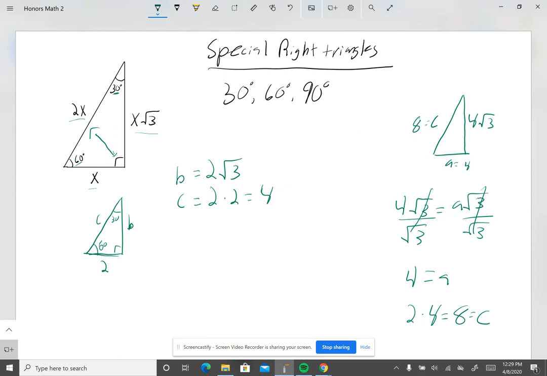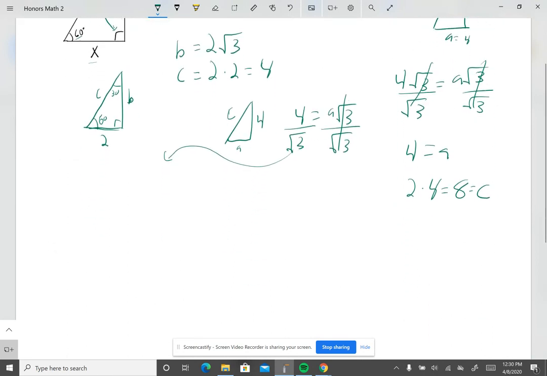And one more thing. When you're working some of this out, if they gave us one that looks like this, and the middle side was like 4, and A and C, just like we did last time, 4 is equal to A times the square root of 3, right? So we divide by the square root of 3. We don't like to leave radicals on the bottom. Do you remember that? So I'm going to come over here and say 4 divided by the square root of 3 is equal to A. You have to get rid of that radical on the bottom.